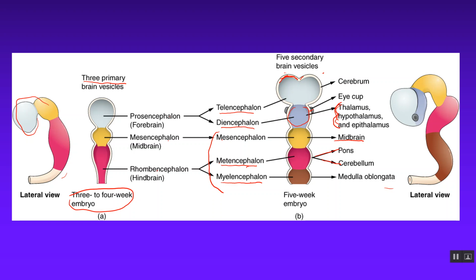So that's just what to understand. Sometimes you'll read a book and, even in an adult, they'll refer to a cranial nerve as a mesencephalic structure, and you're going, what does that mean? It just means that cranial nerve happens to be in the mesencephalon, in the midbrain.